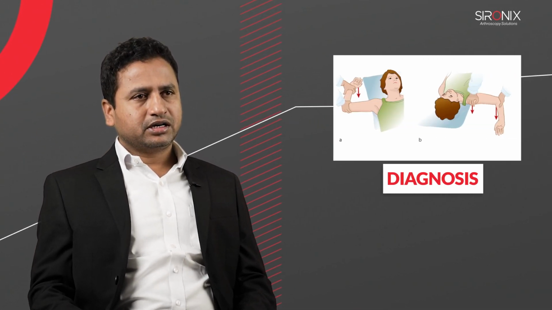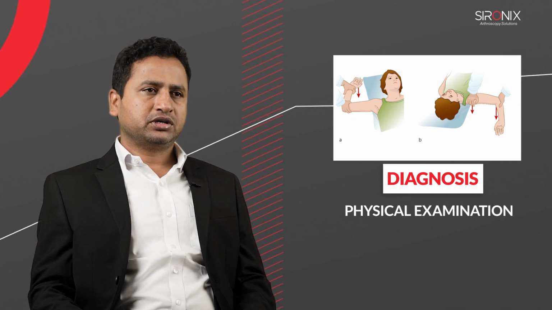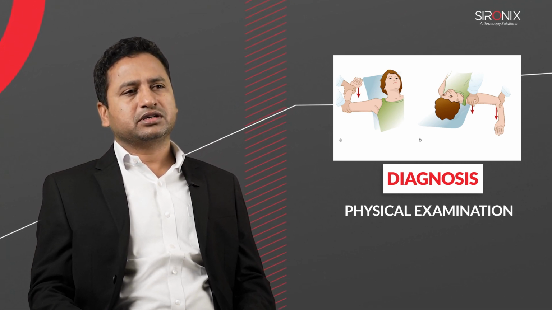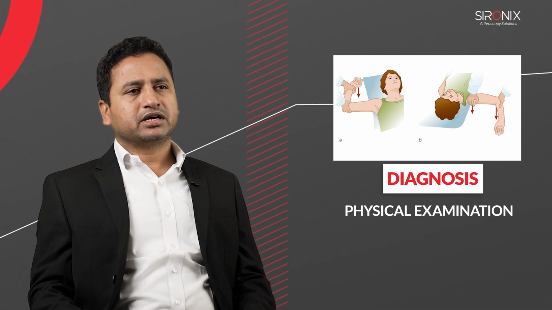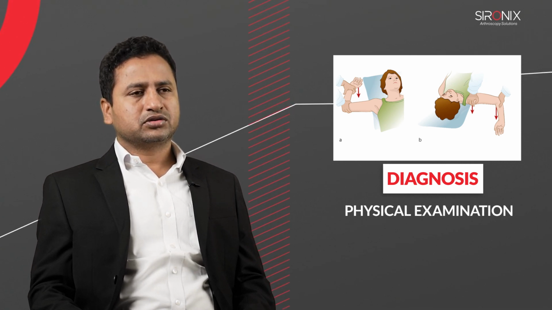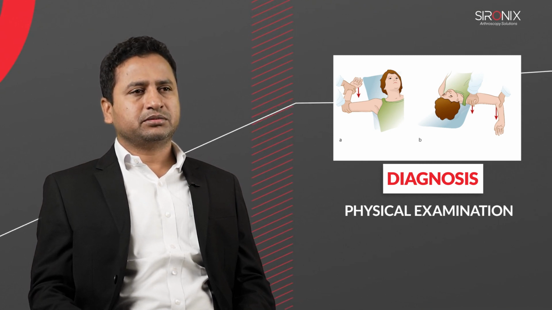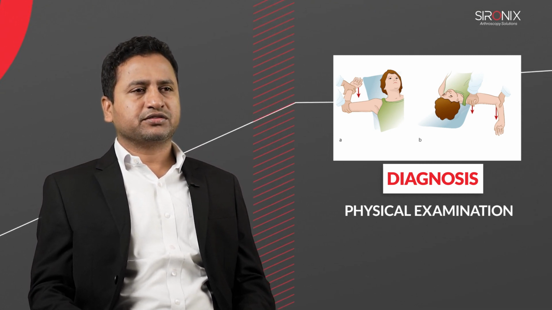Diagnosis of recurrent dislocation of shoulder involves mainly the clinical examination. Most of the time recurrent dislocation is diagnosed based on clinical examination, that is, based on the symptoms and the physical examination findings.